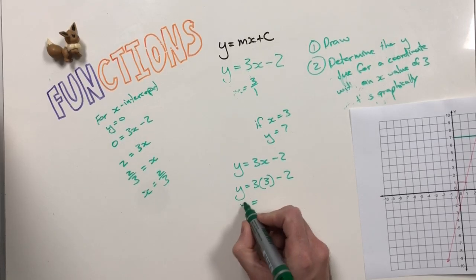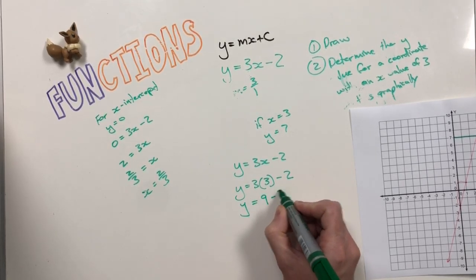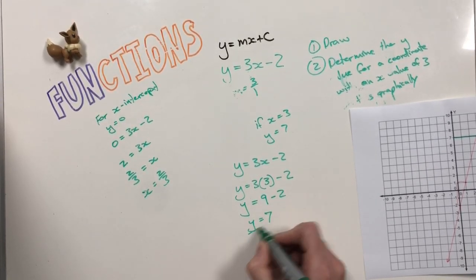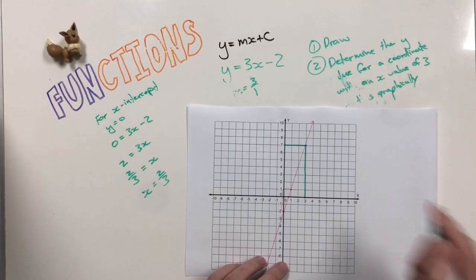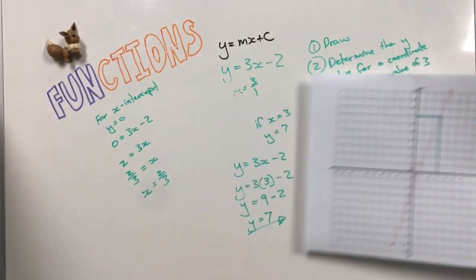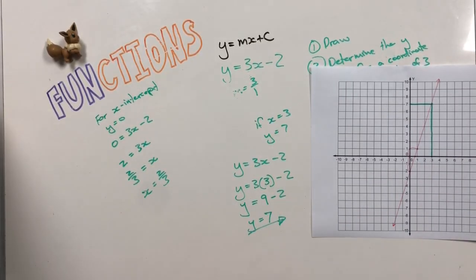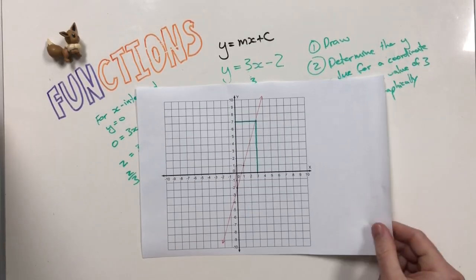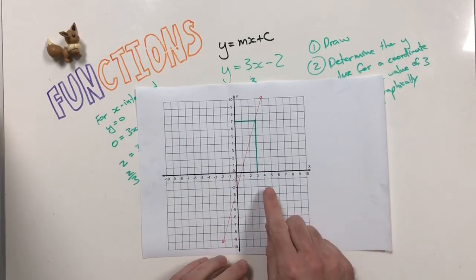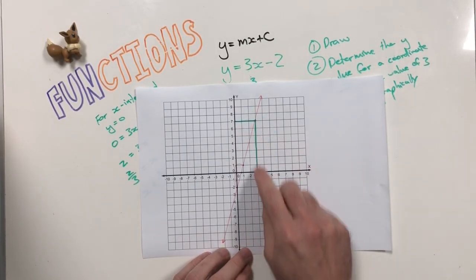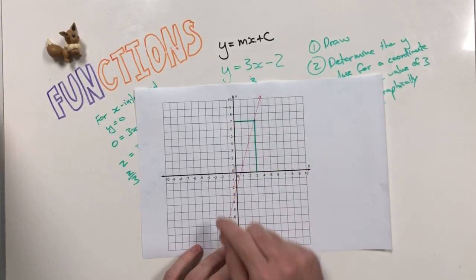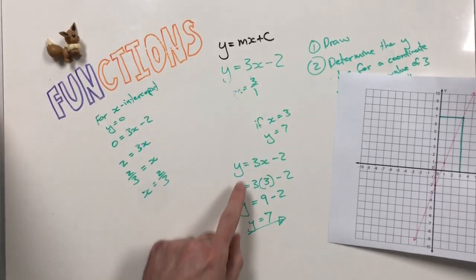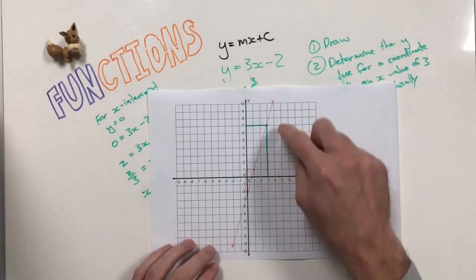Then we see y is 9 minus 2, and that's 7. And that's exactly what we got, 7. So what you need to understand about straight lines is there are input and output values. If I give an x value on this line, then I'd get a y value, and this equation would always be true.